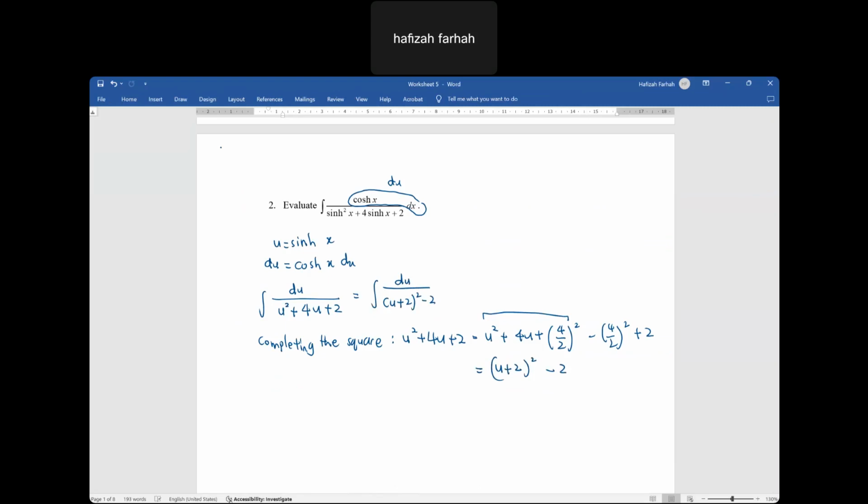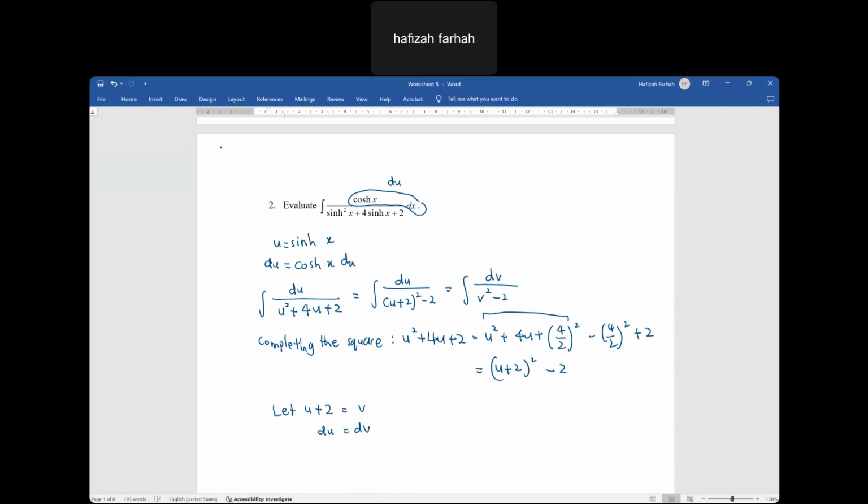Okay, so what if I let u plus 2 be v, for example. So my du would be equal to dv. So now it becomes dv over v squared minus 2.